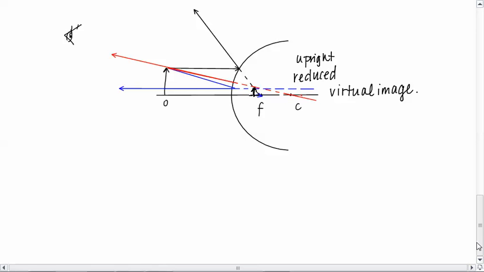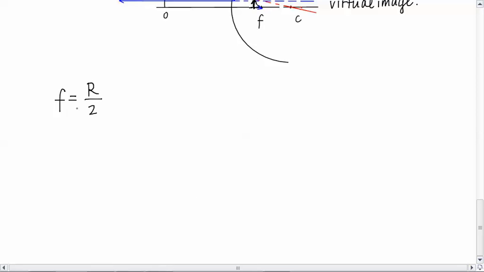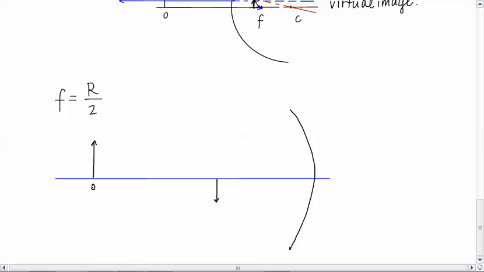Now, because of the nature of spherical mirrors, the focal point is located at 1/2 of the radius of curvature. Now, if we look at an image-object pair, so here was an object, and here is a resulting image, and this is where the mirror was located, maybe.